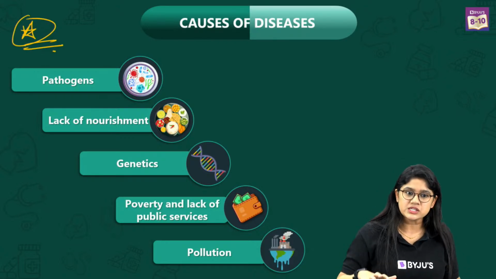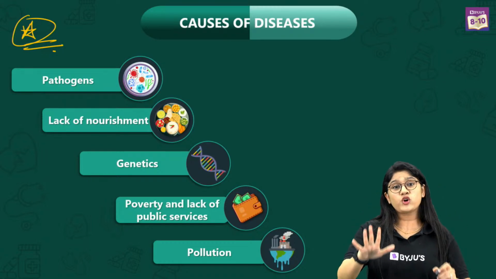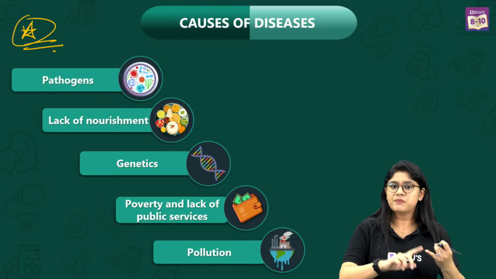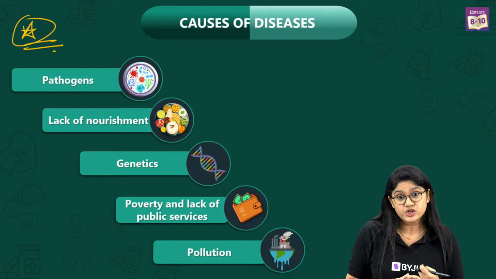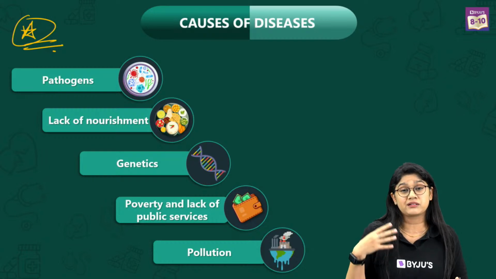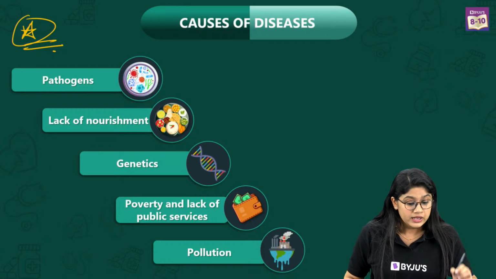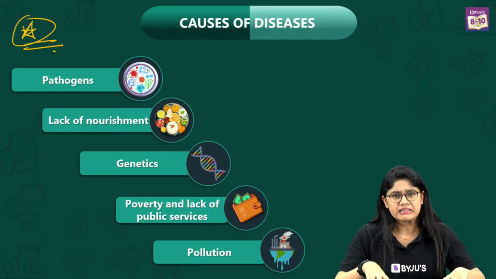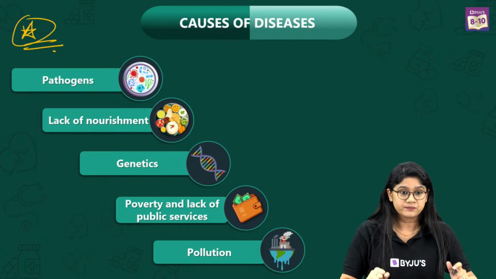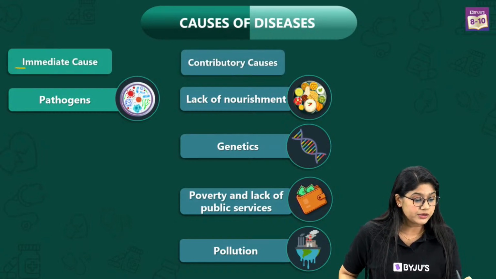Based upon this, we will be moving ahead to a very important topic. Over here, we have the five causes of diseases, right? We have pathogens, we have lack of nourishment, we have genetics, we have poverty and the lack of public service, and then we have pollution. Now, we can differentiate these into two major categories. One of course is the immediate cause.